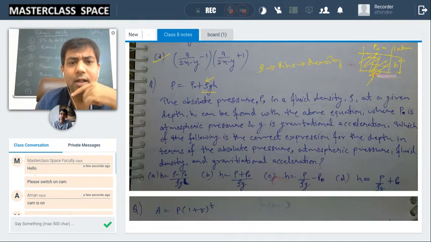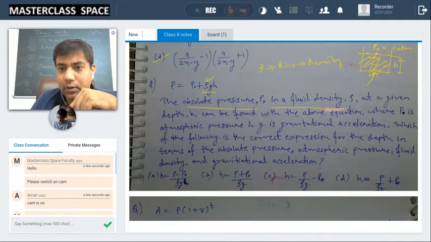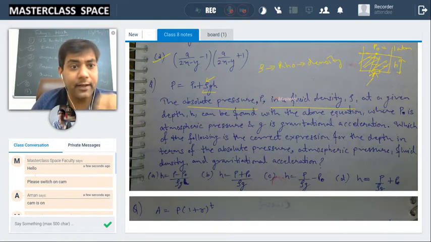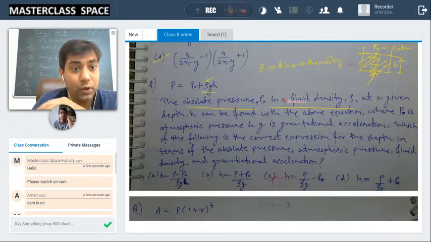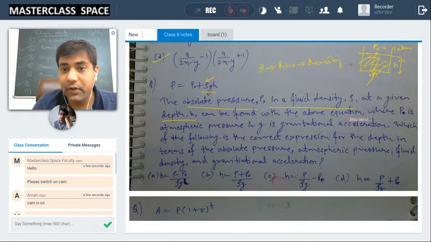Let's go ahead. The absolute pressure P in a fluid of density rho. Now I'm underlining the important aspects. This is how you are going to do it in exams also. At a given depth h, it can be found with the above equation.